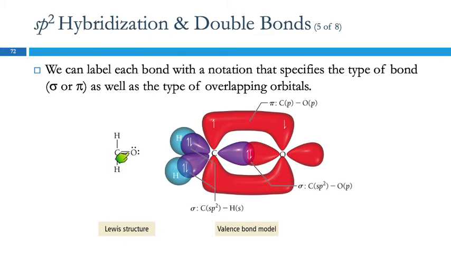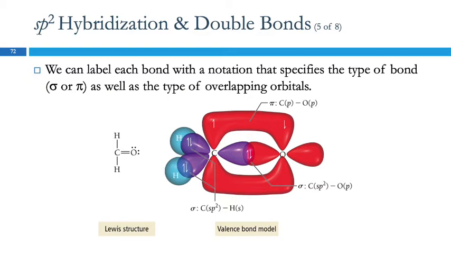We see there's a double bond between the carbon and the oxygen, and the double bond is this sigma bond plus the pi bond. There's a single bond with the hydrogen and a single bond with the other hydrogen, and then there are the 2 lone pairs here that are not shown.